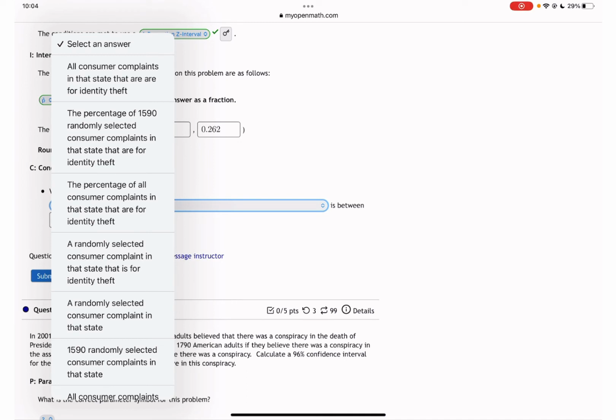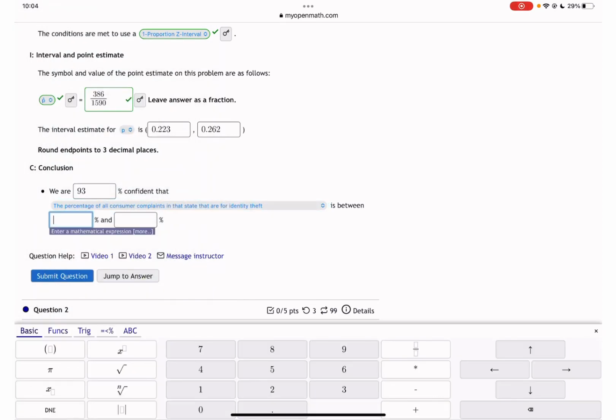We are confident that the percentage of all consumer complaints in the states that are for identity theft is between 0.223, which we convert into percentage, 22.3, and 26.2. These 0.223 and 0.262 are decimal notation.